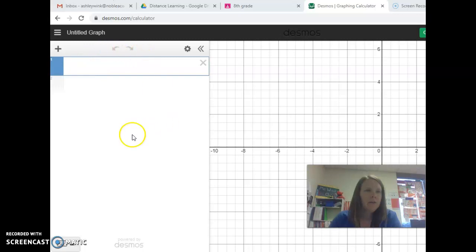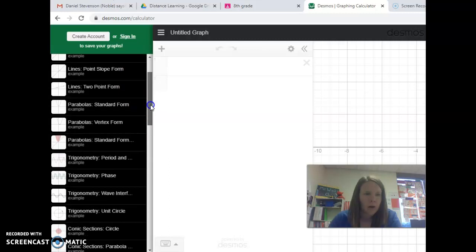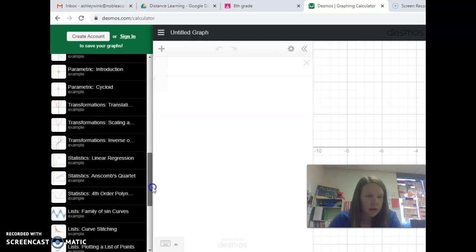One thing within this graphing calculator is that I have a couple different operations that I can do, okay? So if you press this little button right here, you're going to come up with all these different options on different kinds of graphing things that you can do. What I want you to scroll down to is, let's see if we can find it.